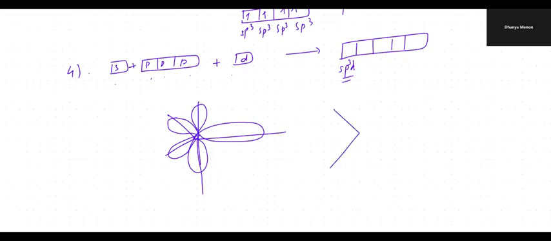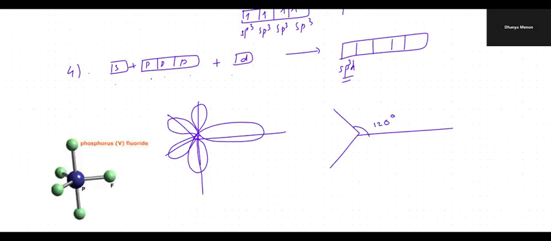They are in the same plane. This has a bond angle of how much? 120 degrees. Now, bipyramidal, I have two of them, one above the plane and one below the plane. So that is 90 degrees.